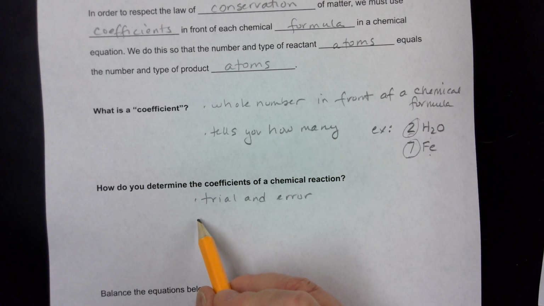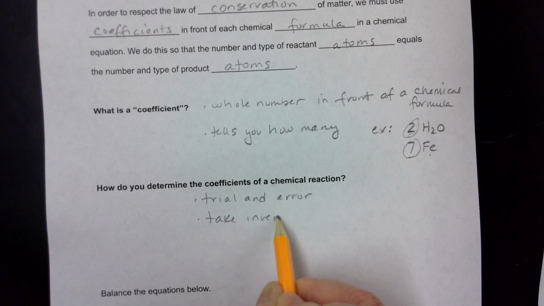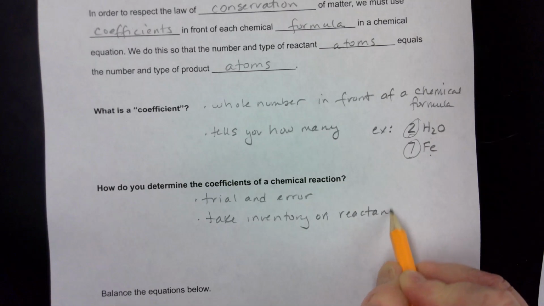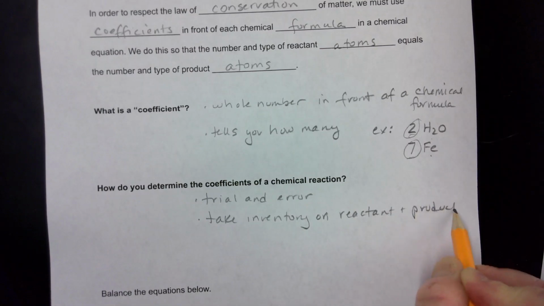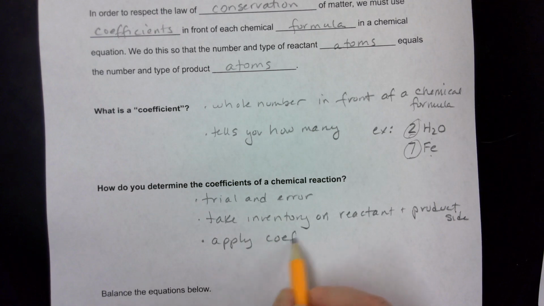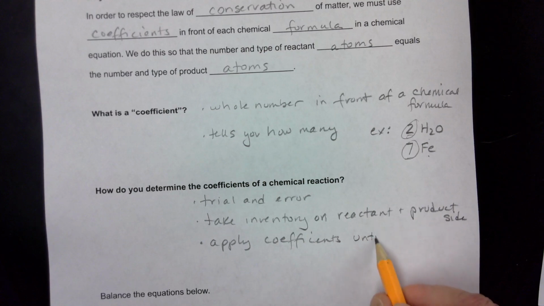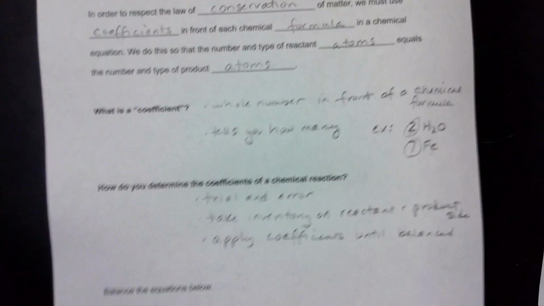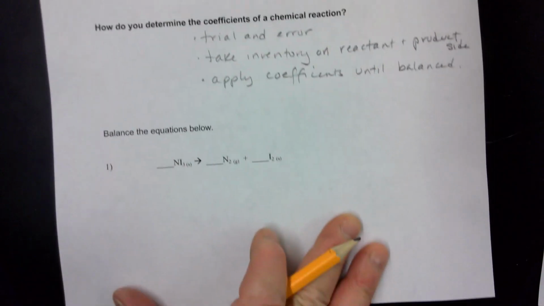We're going to approach it from a take inventory on the reactant and product side of the equation, and we are going to apply coefficients until the equation is balanced. So that sounds a little vague, but let's see what this might look like.